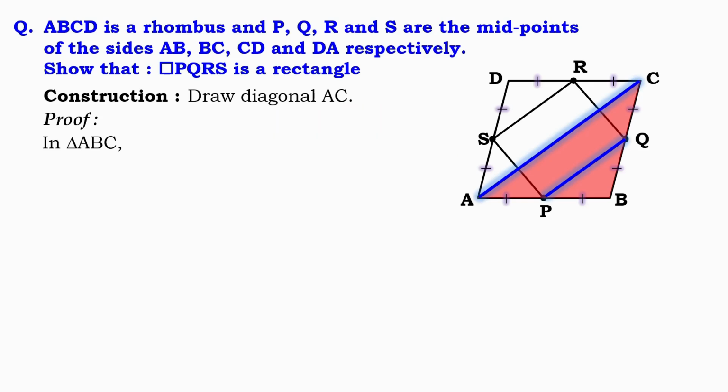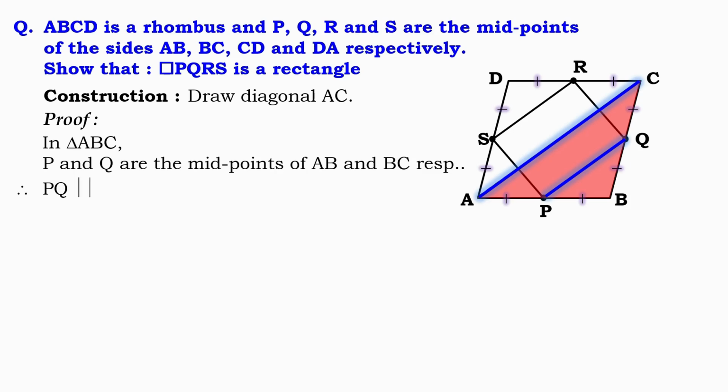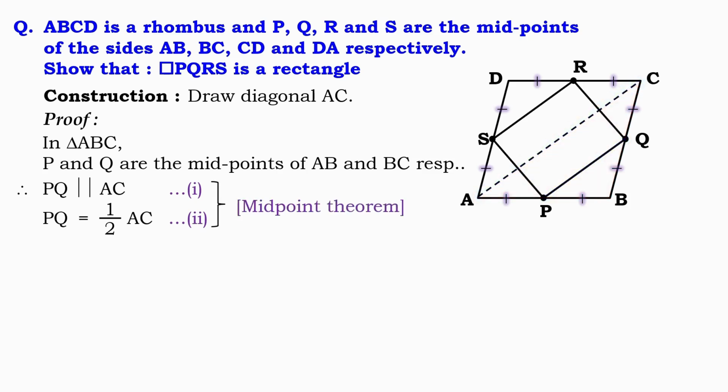So in triangle ABC, P and Q are the midpoints of AB and BC respectively, so PQ is parallel to AC and PQ is also half of AC. Correct? So these are equation 1 and 2 respectively. Here we also need to mention by which theorem we are writing this. So always mention the theorem, that is the midpoint theorem.